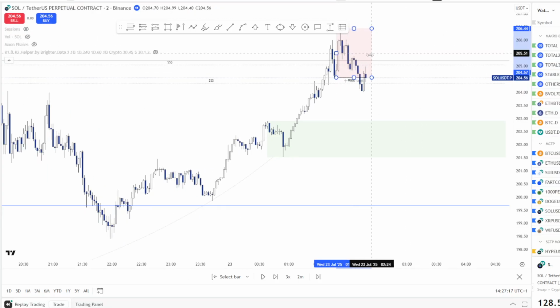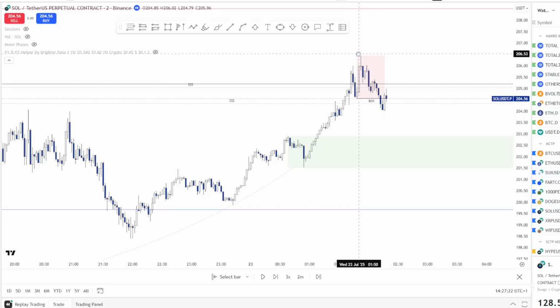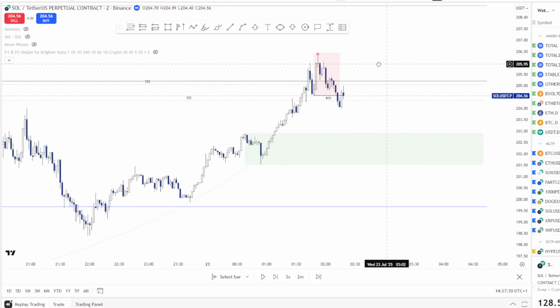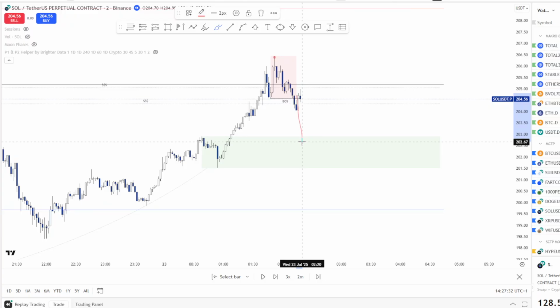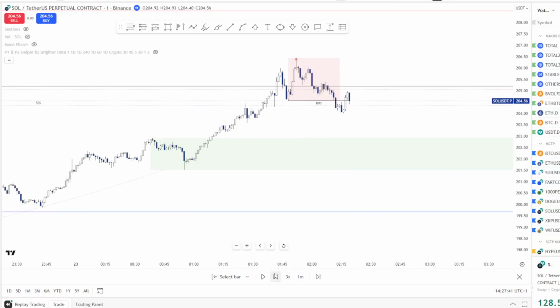So basically we created supply on the move down. It is a slower move down. So if we can get a hard rejection, maybe bounce, get up, I would look to short this. So let's just analyze price action.